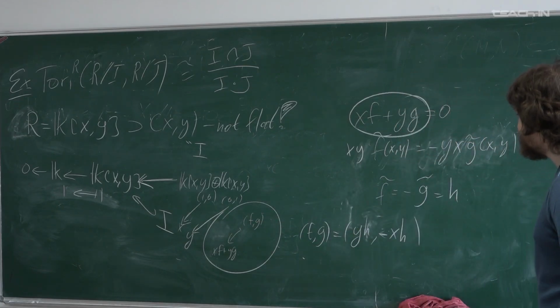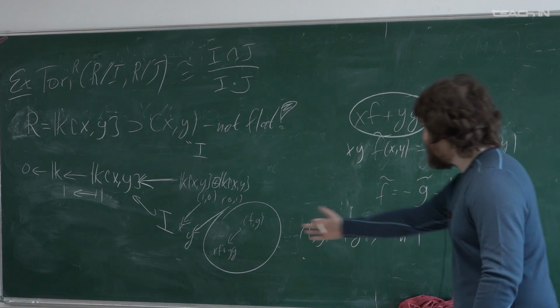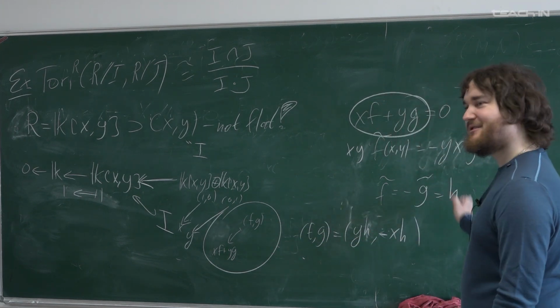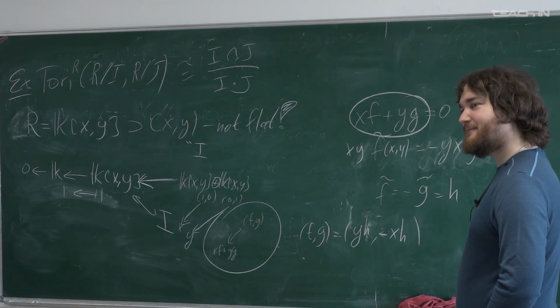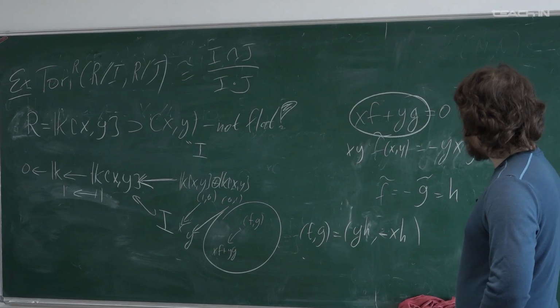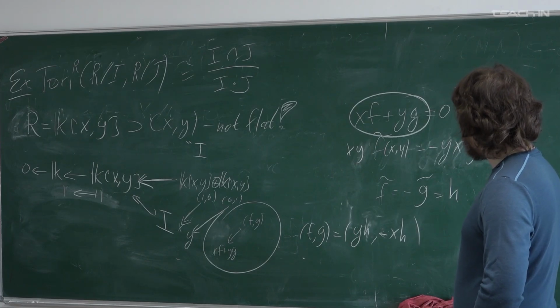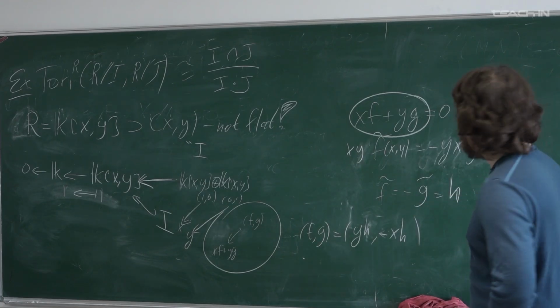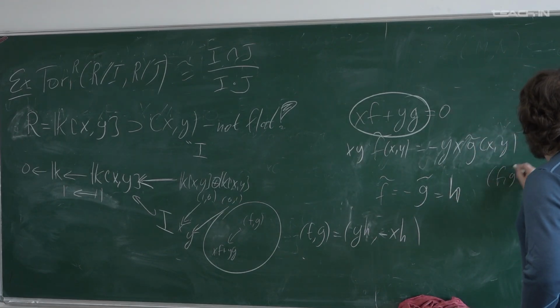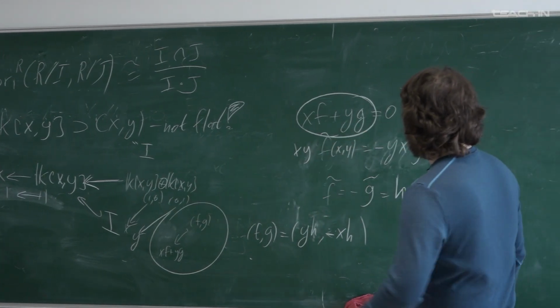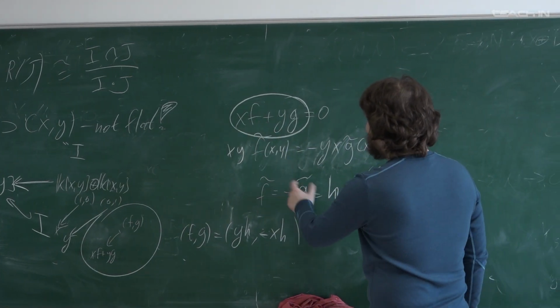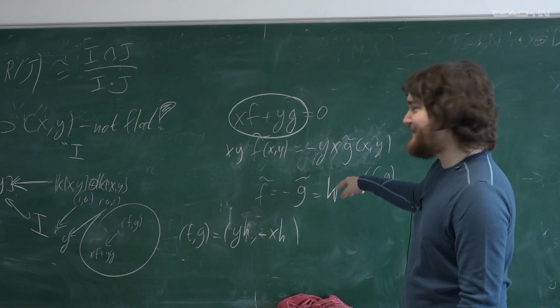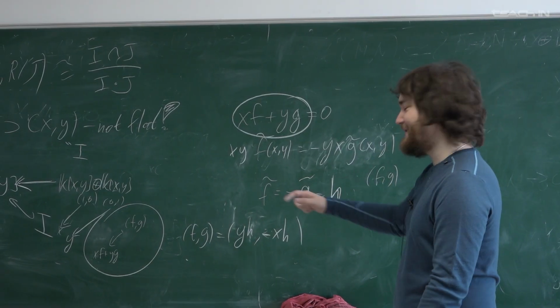All such pairs go to 0, but only such pairs. If I have a pair of polynomials which goes to 0, then the first polynomial is y times a polynomial and the second is minus x times the same polynomial.